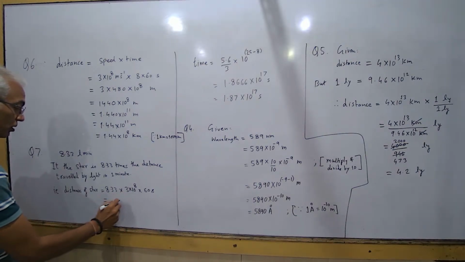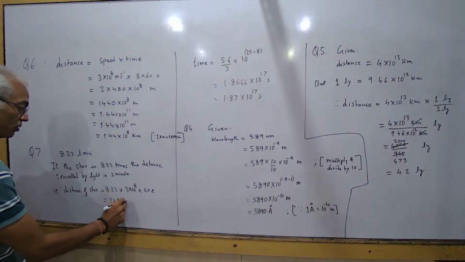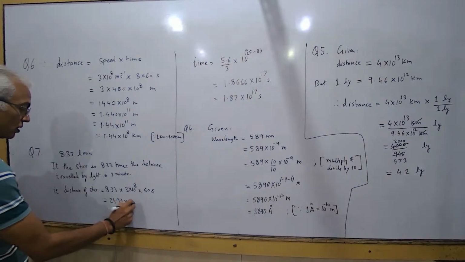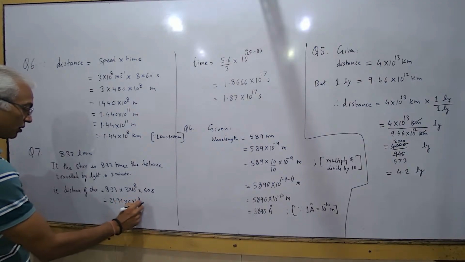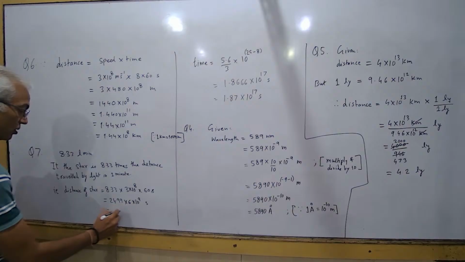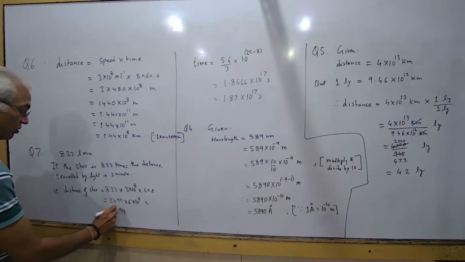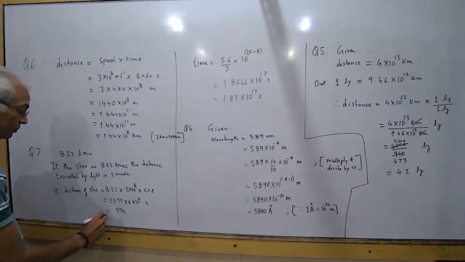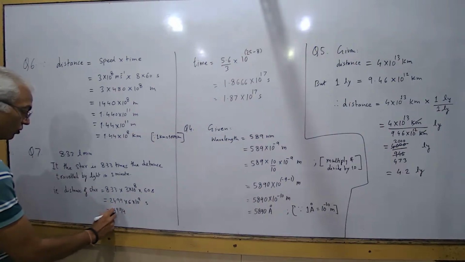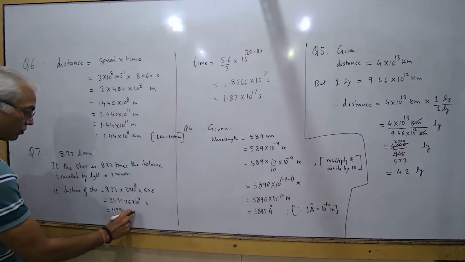So what is it? 3 is 9. 3 is 24 into 6 into 10 raised to 9. So 6 nines are 54, 24 plus 5 is 29. 2 into 10 raised to 9.